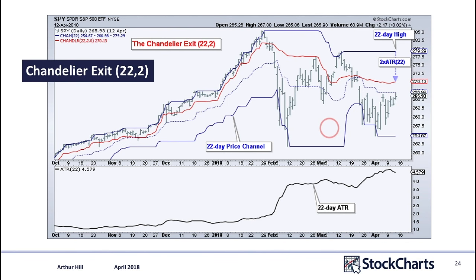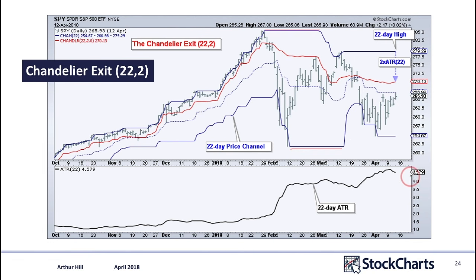All right, so this is the Chandelier Exit. The blue line is the 22-day price channel. And that basically measures the 22-day high and the 22-day low. The Chandelier Exit is based on that 22-day high. What it does is it takes the ATR, and I'm using a 22-period ATR, and it multiplies that ATR value times 2.